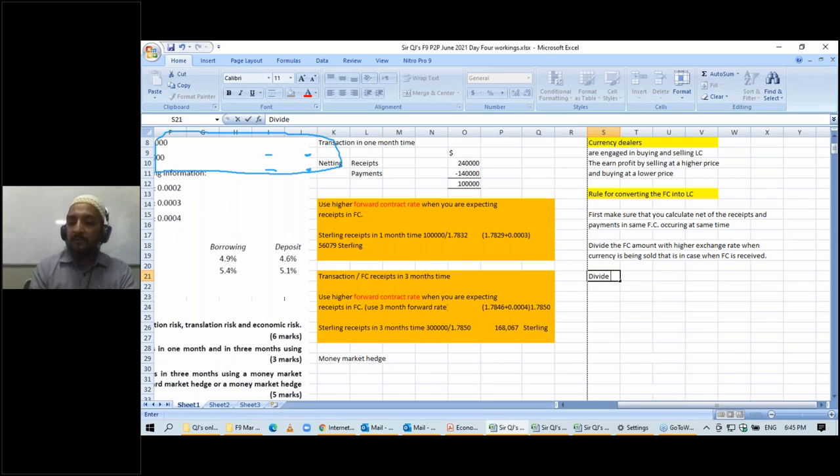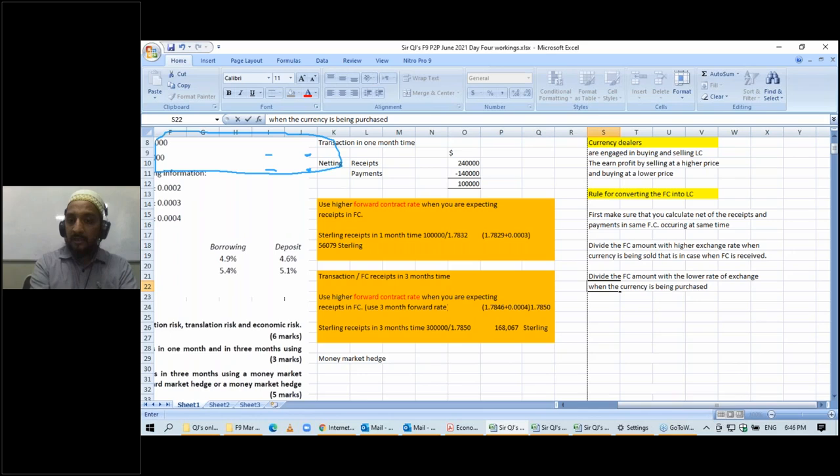So he will be receiving foreign currency, means he will be buying the foreign currency. So he will do that at the lower rate. So divide the foreign currency amount with the lower rate of exchange when the currency is being purchased.